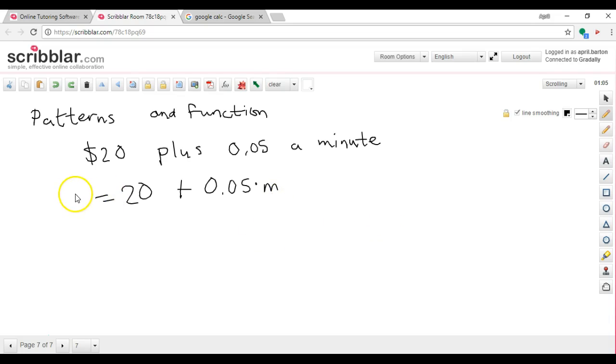And we're looking for the total cost, so I'm going to say C for cost. So once you have an equation, or they call this a function, once you have a function that describes this situation, you could predict. You could say, well, what if I want to know how much is it going to cost me if I speak for 30 minutes?